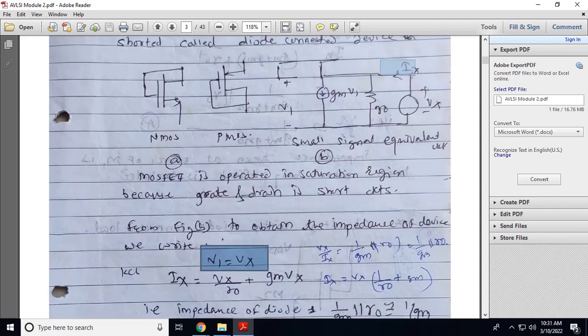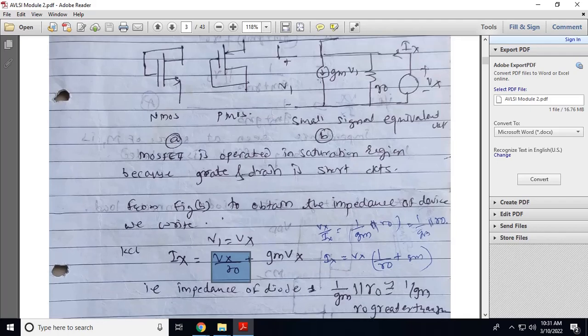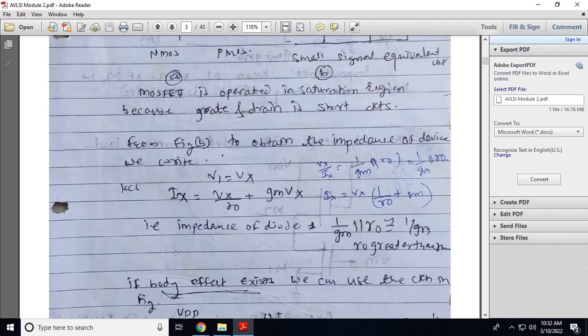Okay, so apply the KCL here. So Ix, that is the incoming current, is equal to the current flowing through R0 and the current source. So the current flowing through R0 is Vx by R0, plus Gm into Vx is the second current source. So we can take Vx common here, remaining is 1 upon R0 plus Gm.